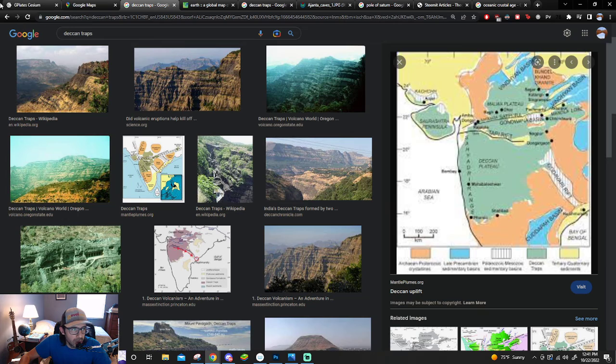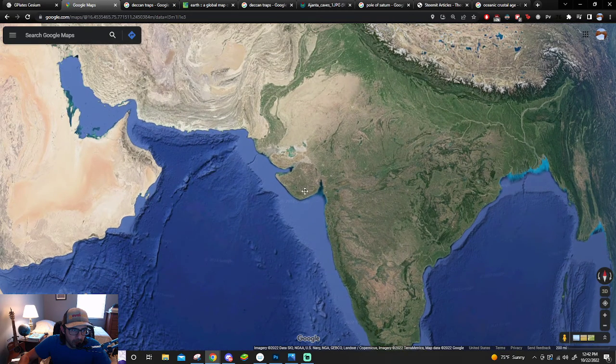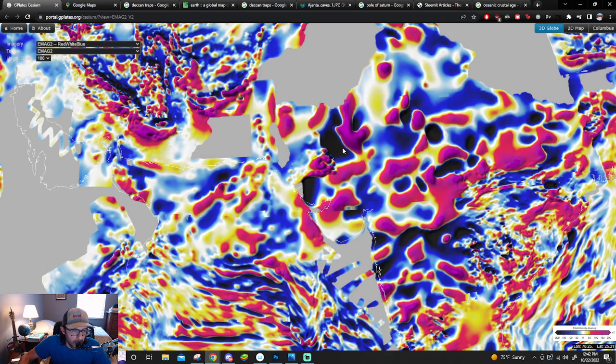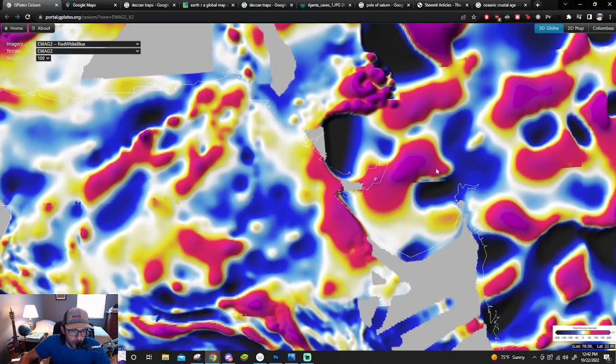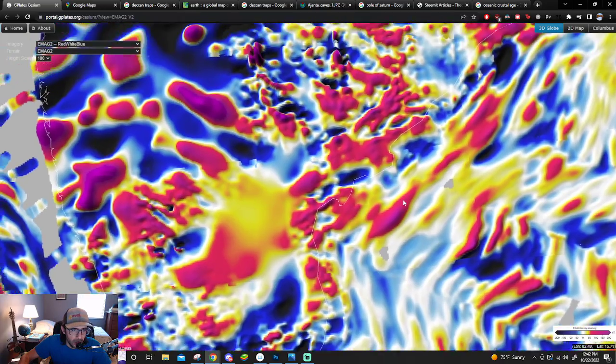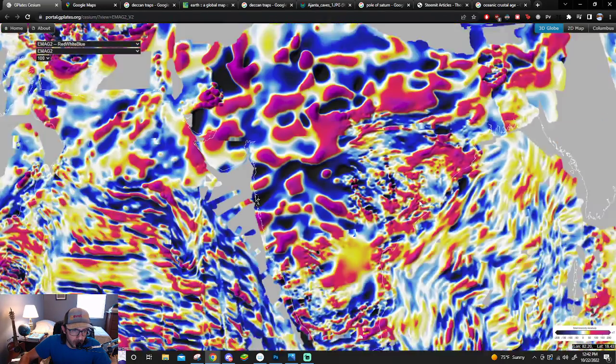There's not really any Deccan Traps here, but maybe it didn't need Deccan Traps. This was really only caused because the magma was being released from the mantle puncture hole, which was flowing out here, but it probably wasn't actually flowing out here.